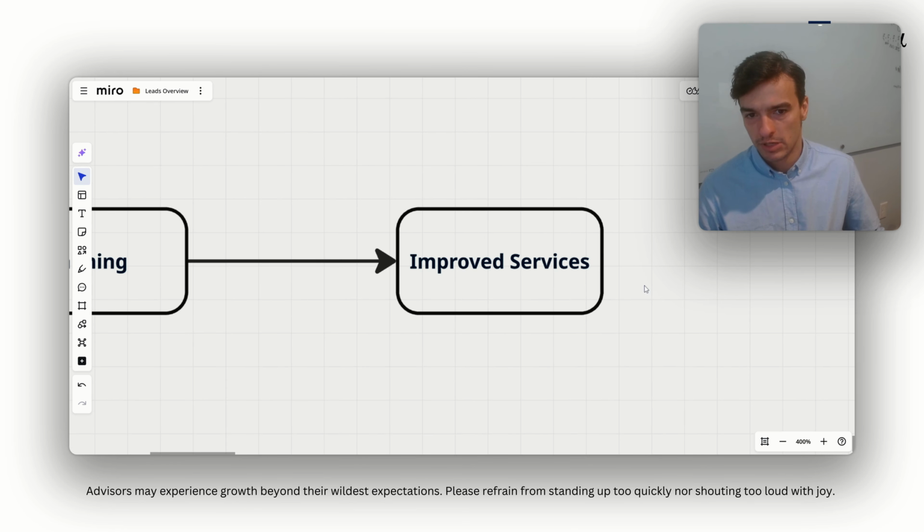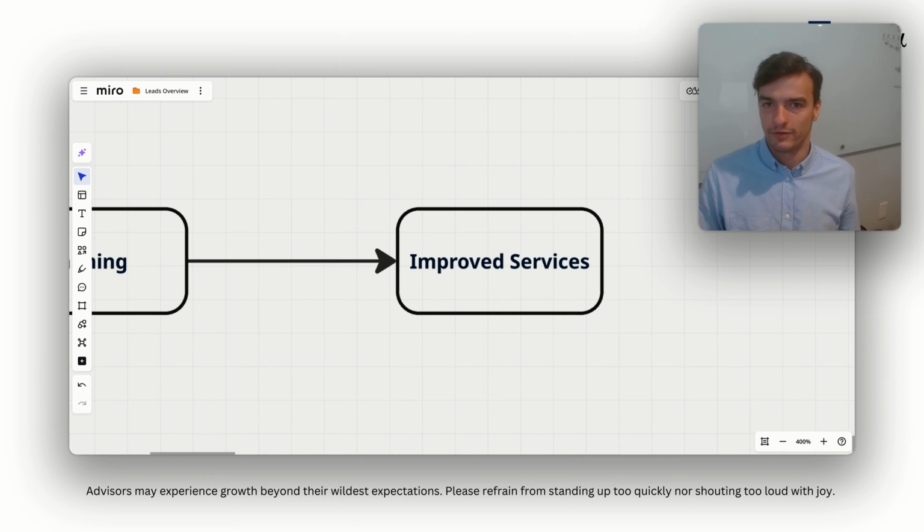So the client retention model also favors an improvement of services and deliverables. In other words, when someone meets with an advisor in 2020, the service they're getting could be a B plus. When they meet with them in 2025, it's an A minus. There's improvement for the client in the overall service. This is a little bit more difficult to track.